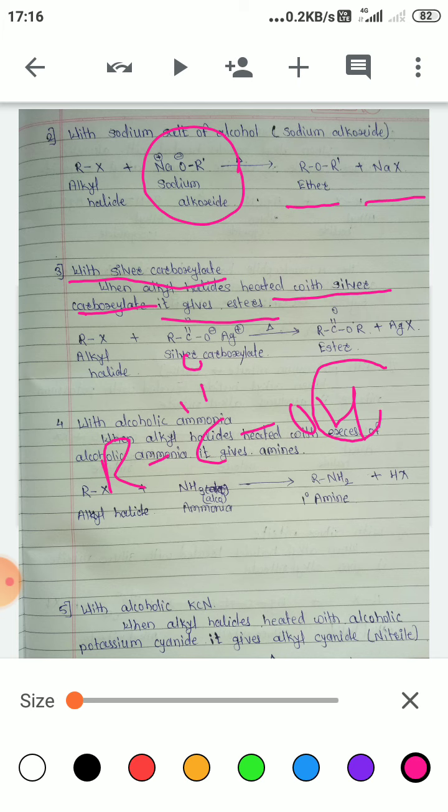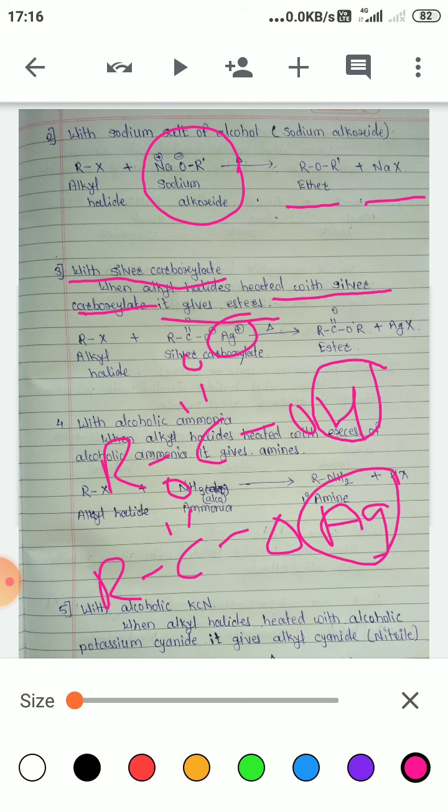When this hydrogen is replaced by any metal, we say that particular metal carboxylate. Now if replaced by silver, we can write RC double bond O Ag, where Ag is silver and this one is the carboxylate. Therefore the name of this salt is silver carboxylate.